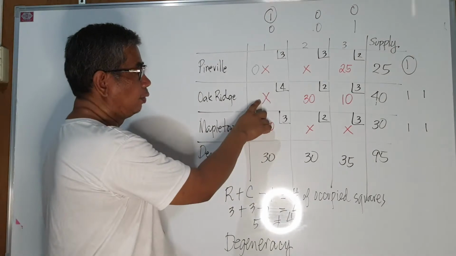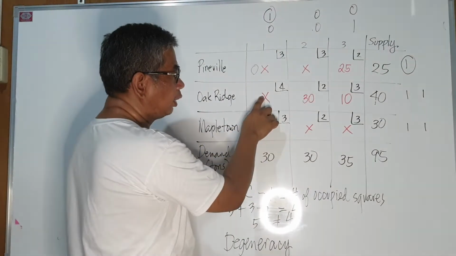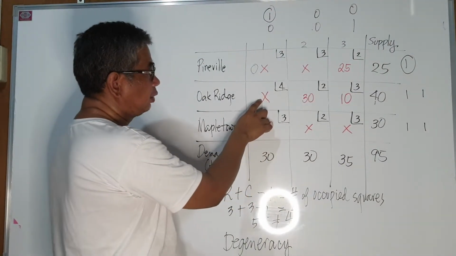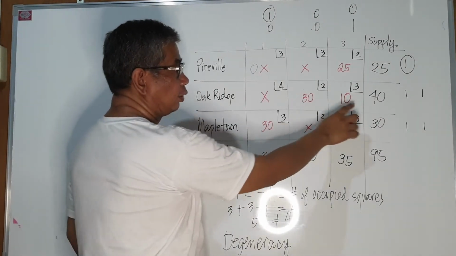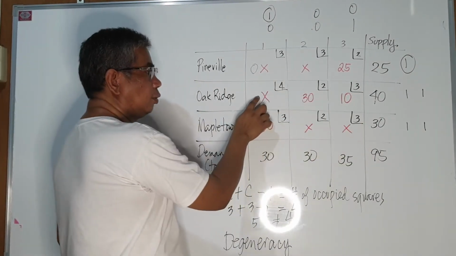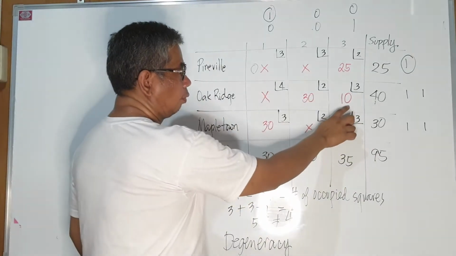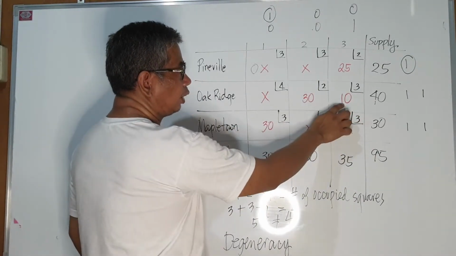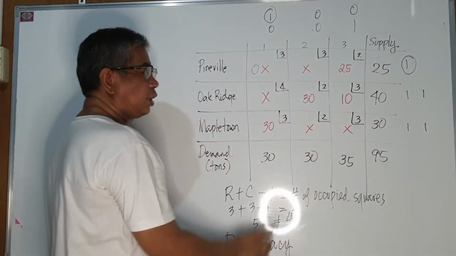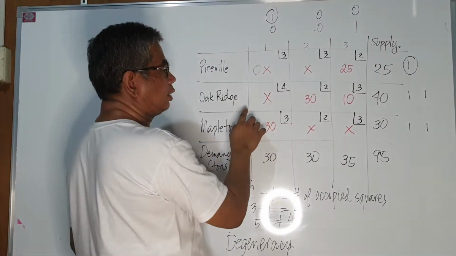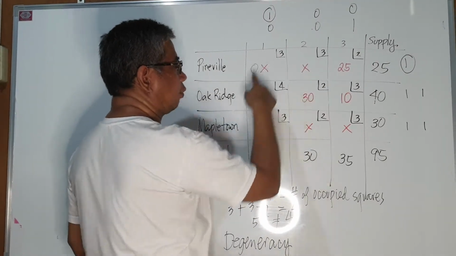So, it's also possible. 1 from here. If we test this one, we can go here or we can go there. So from here to here to here to here. So, we have a closed path. Okay? You can go either clockwise or counterclockwise.